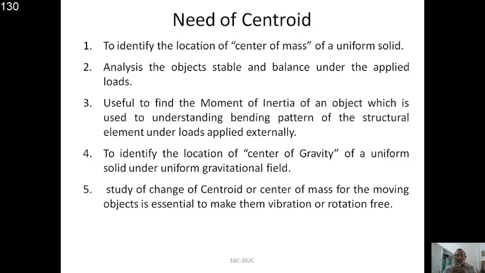That means if a 3D figure has a uniform third dimension, and you know the centroid of that object, it will extend to locating the center of mass. For example, if I take a circle, let us assume this is the circle, and I know the centroid of this one.